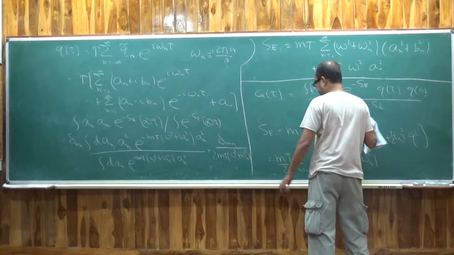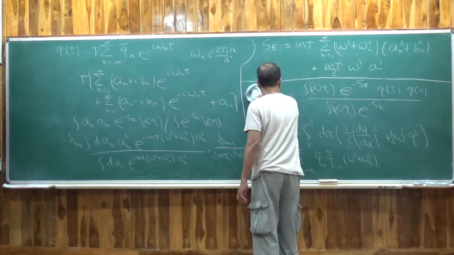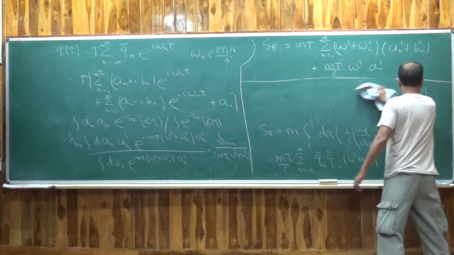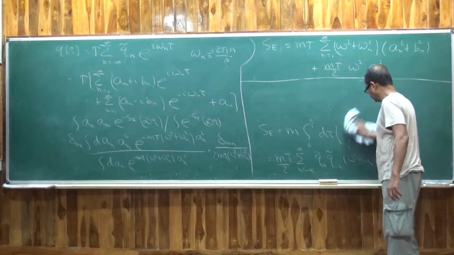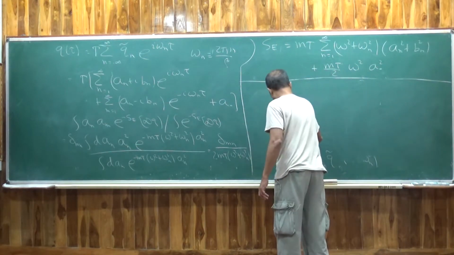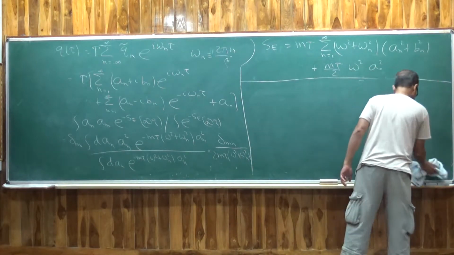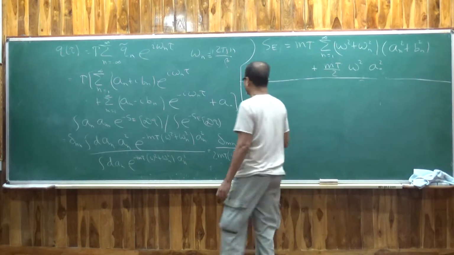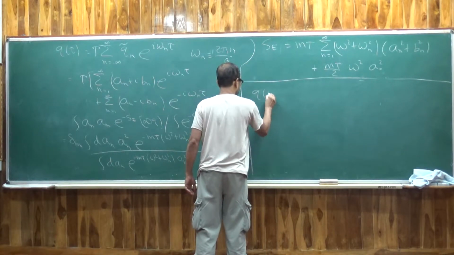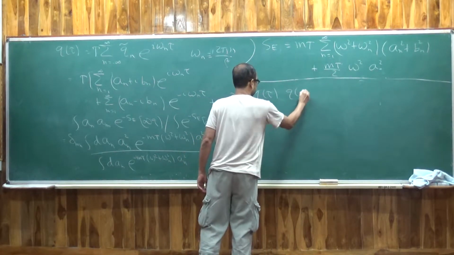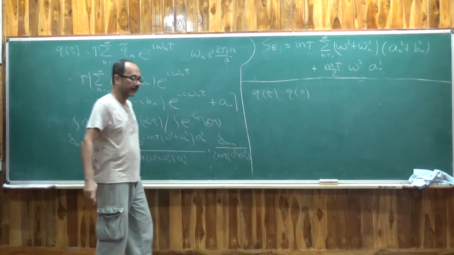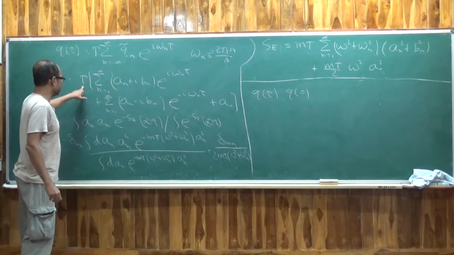Okay, so now I can erase this because q tau is there. So we have q tau q0. This is the one object whose expectation value we are calculating, right? So we just substitute from here.